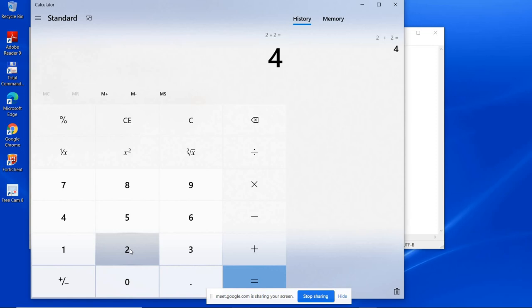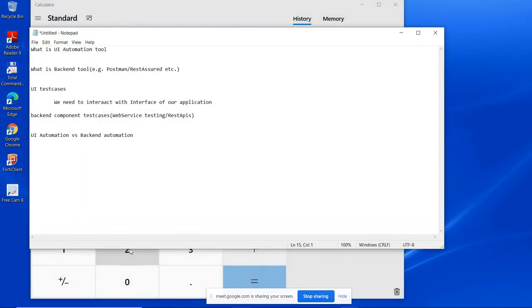Now if I want to automate this test case, then we need to use UI automation tools. There are various UI automation tools available, like Selenium, UFT, TestComplete, then Ranorex, and there are many more.